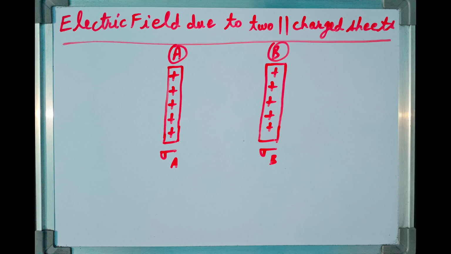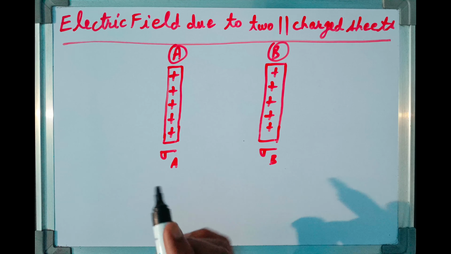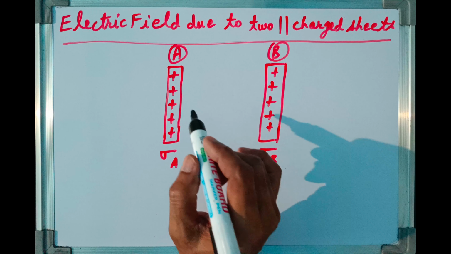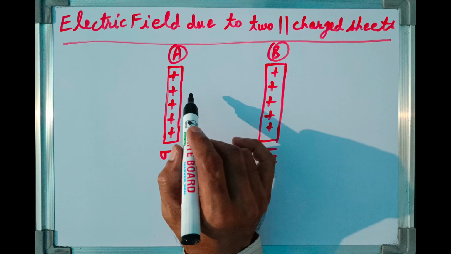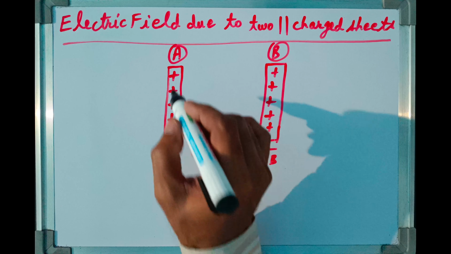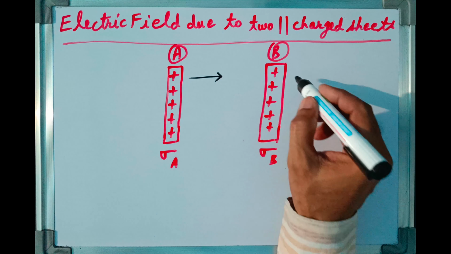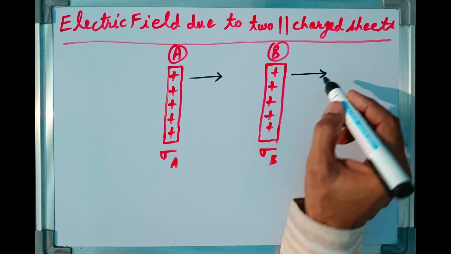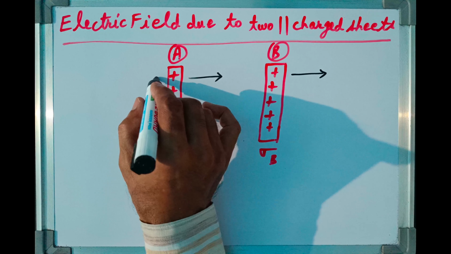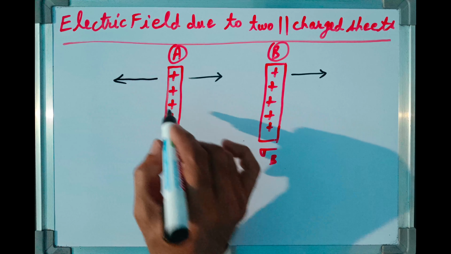Now, what will be electric field due to single sheet? As we know, electric field lines always move away from positive charge. So electric field due to this sheet A can be represented along this line everywhere, and on this side it will be like this.